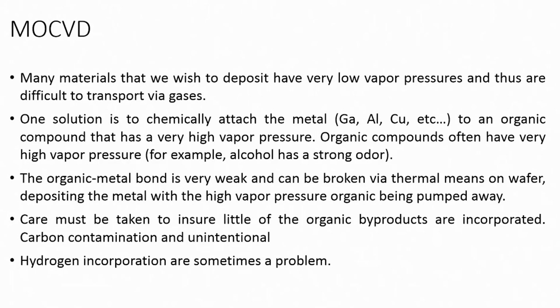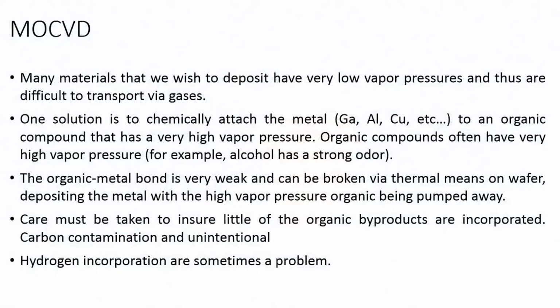In MOCVD, many materials that we wish to deposit have low vapor pressure and thus are difficult to transport via gases, right. So, what is the solution? The solution is to use MOCVD. If you look at the screen, one solution is to chemically attach the metal, that is gallium, aluminum, copper, etc., to an organic compound that has very high vapor pressure.